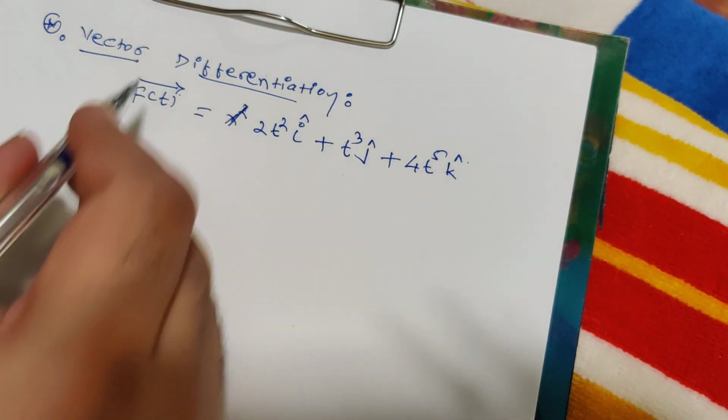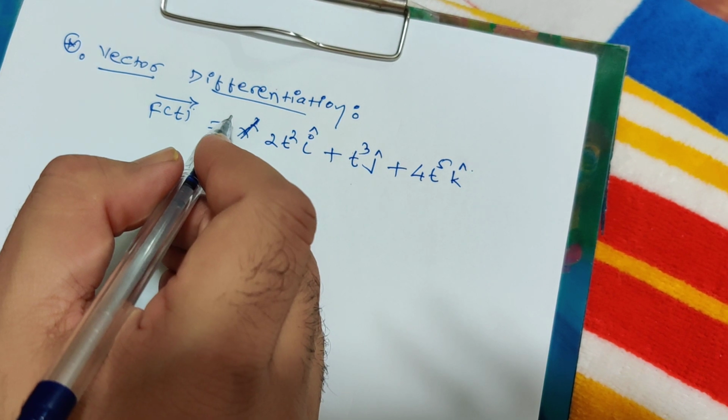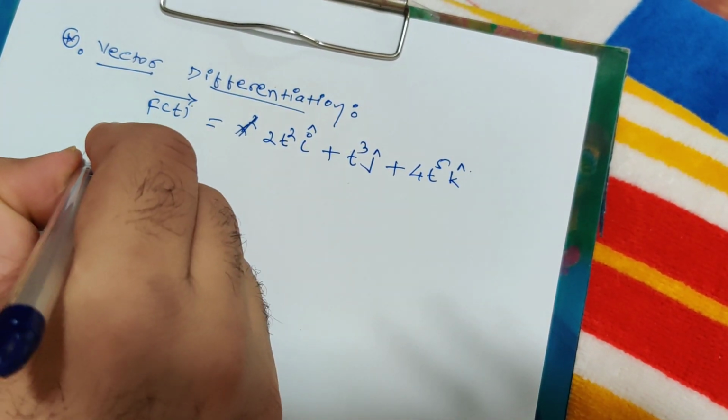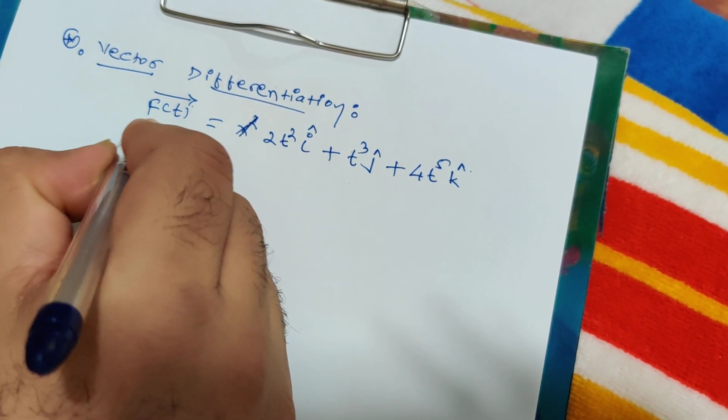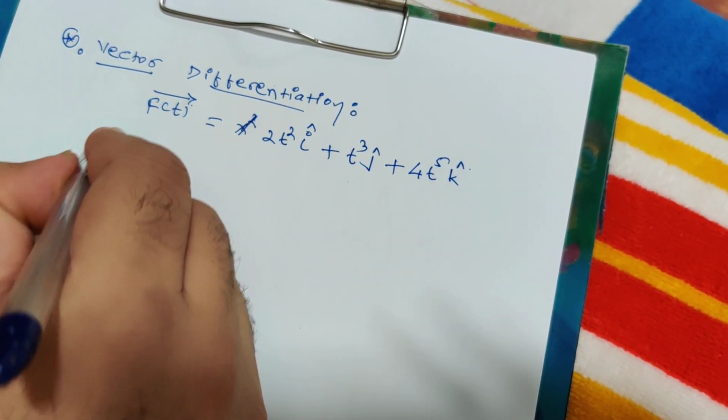So the vector differentiation is very similar to the ordinary differentiation that you have studied in your 11th and 12th standard, students. So now we'll find the derivative of this function with respect to t.